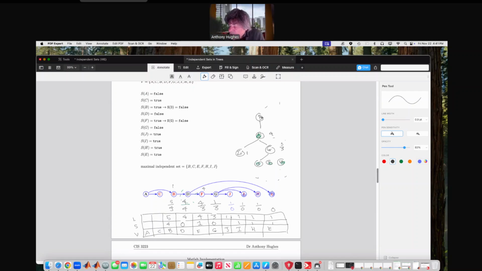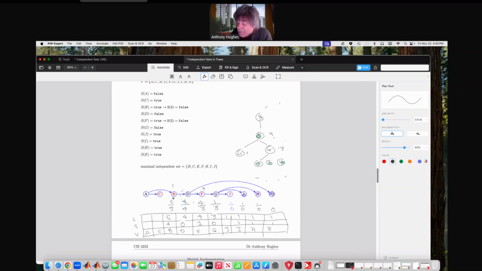So B has a choice. Either we include B, and then we get the grandchildren. So include B, then we miss D because it's adjacent, and we can get the grandchildren, which are 1 and 3.